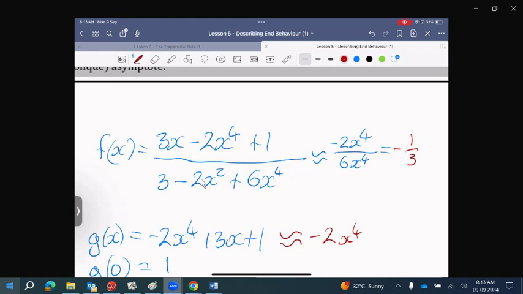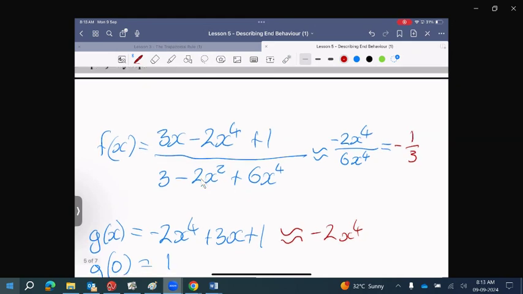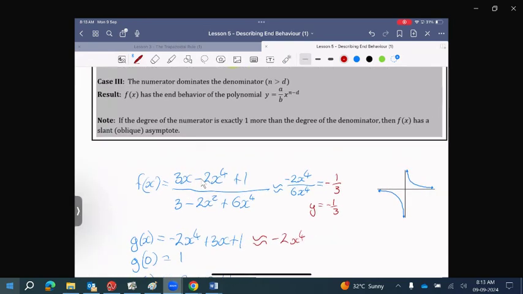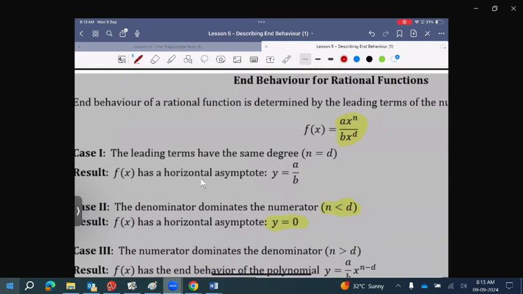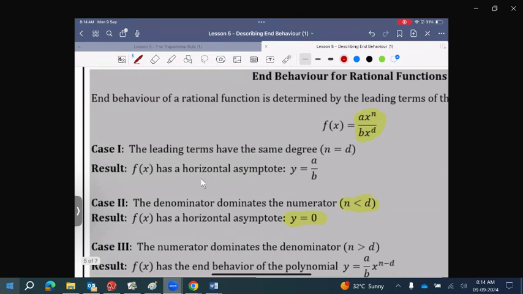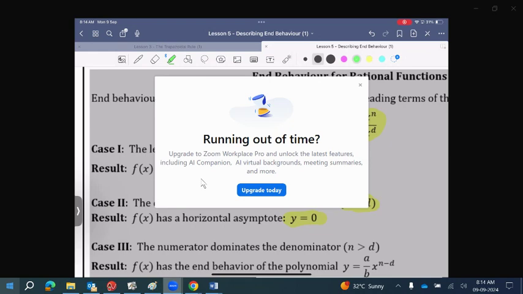What is the equation for the horizontal asymptote? Horizontal asymptote is going to be y is equal to minus a third. This is case 2. So when the terms have the same degree, the horizontal asymptote is the quotient of the lead coefficients. Case 1 and case 2, super easy.